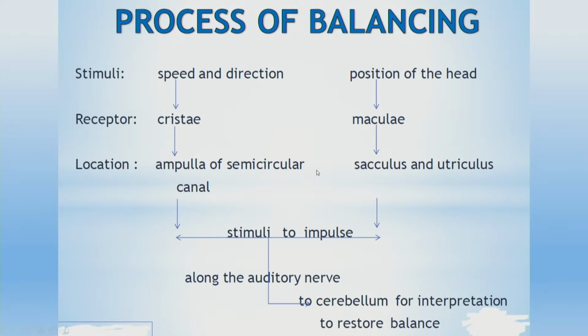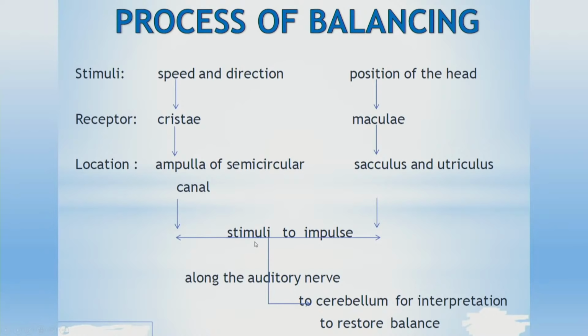And then we have a flow diagram here which represents balance. Like I have said, on this side we have the cristae, which is responsible for speed and direction. Remember that the cristae is found in the ampulla of the semicircular canals. For position of the head, we have the maculae, which is found in the sacculus and utriculus.